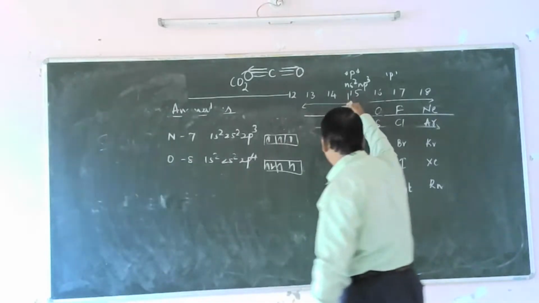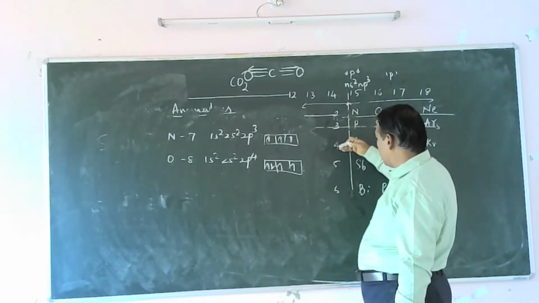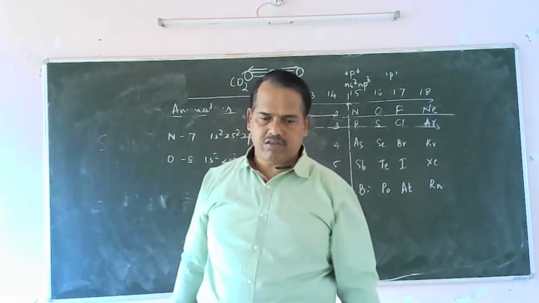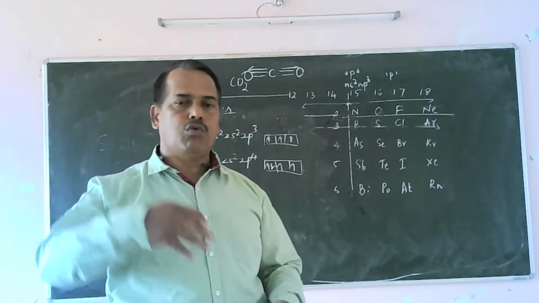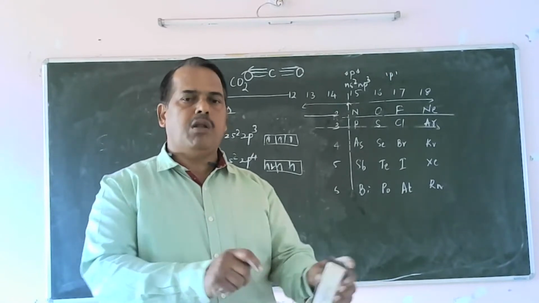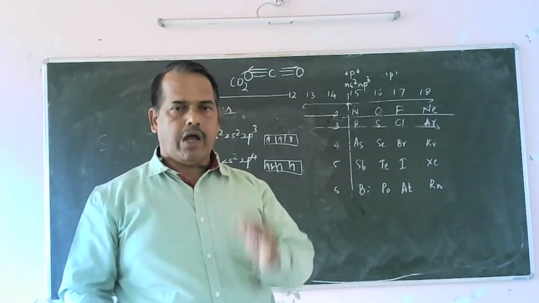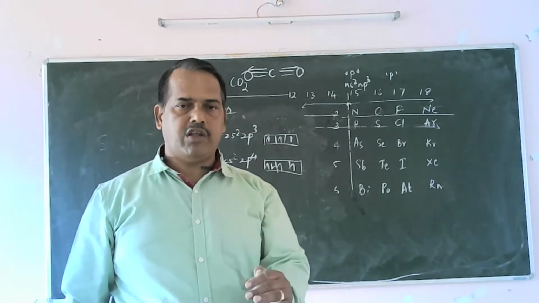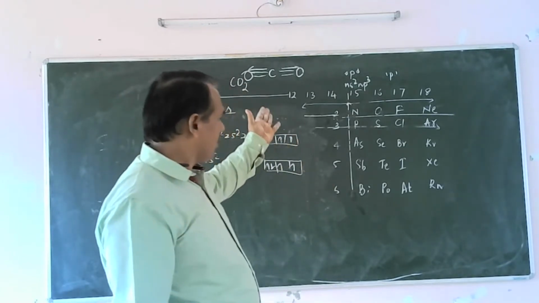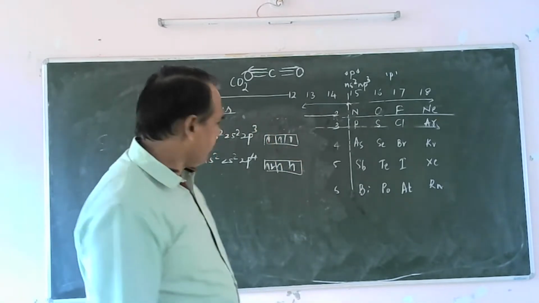As you come down the group in group 15 elements, ionization enthalpy decreases. Again, it is a simple analysis: due to the increase in size, electrons are loosely held towards the nucleus. By supplying a small amount of energy, we can easily remove the electron. So the ionization enthalpy of nitrogen is more than phosphorus, arsenic, antimony, bismuth.